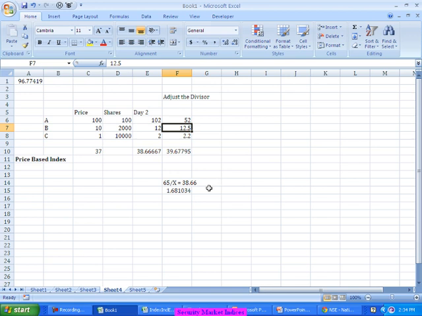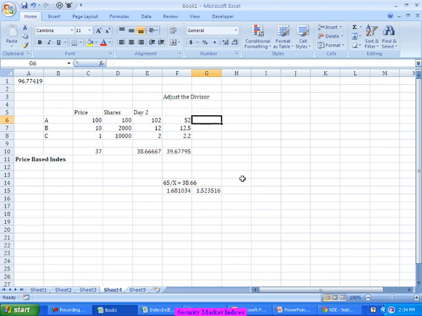So what will I say now? 52 plus 6.25, 58.25, plus 2.2, 60.45. So my new divisor now will become 60.45 divided by y equal to 39.67. So this is my new divisor. From today onwards, I'll use 1.52.